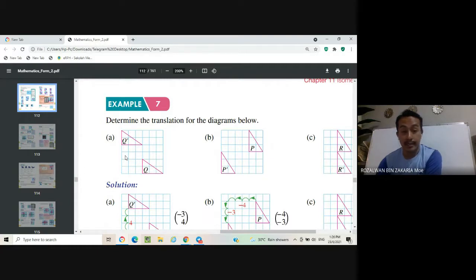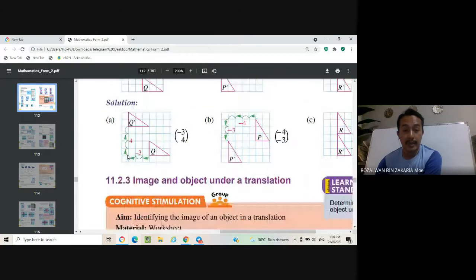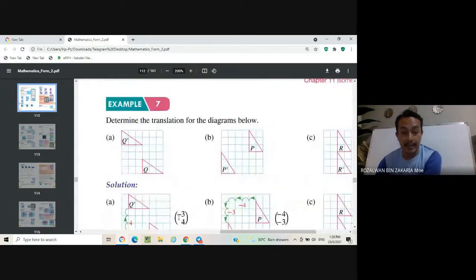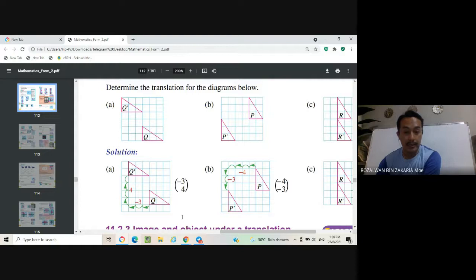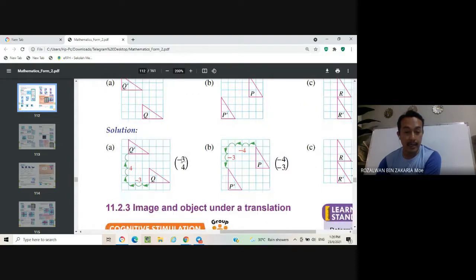So the translation for this diagram is equal to, in brackets, minus 3, then 4. Minus 3 is the translation for the x-axis.